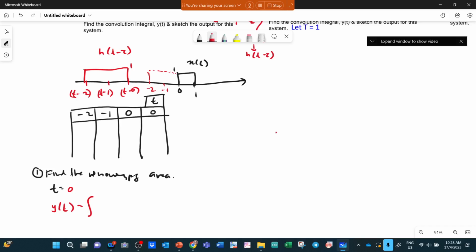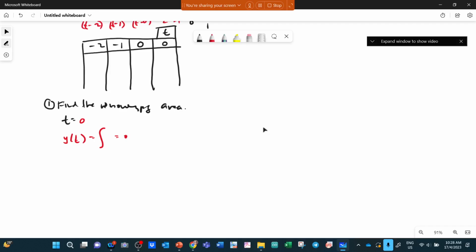You use the equation. Ni kosong lah kan. Okay, so then you continue t equal to 1. 1 minus 0, 1. 1 minus 1, 0. 1 minus 2, minus 1.